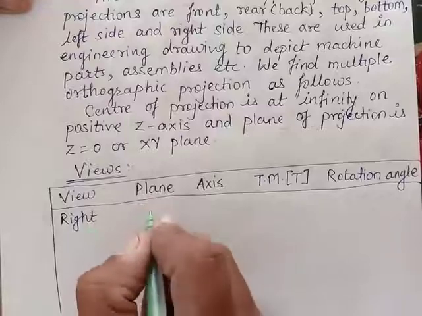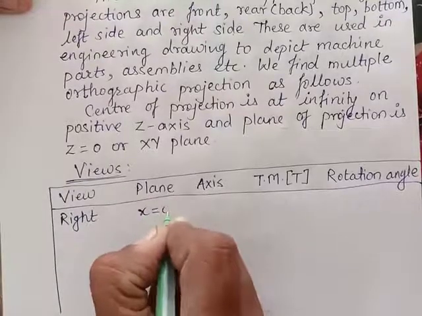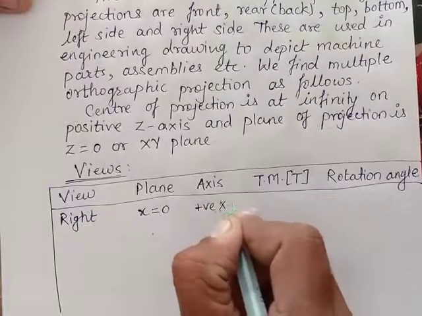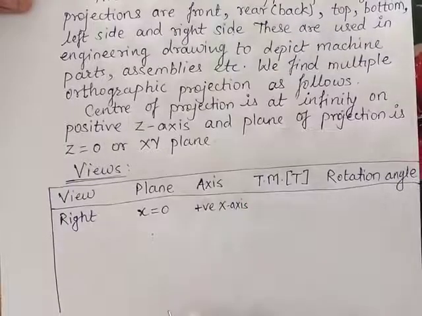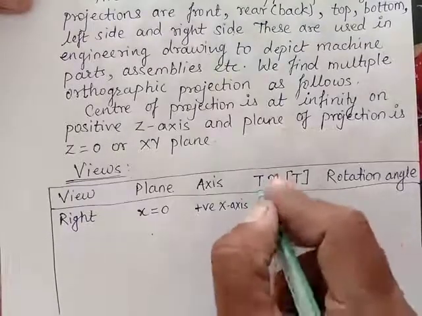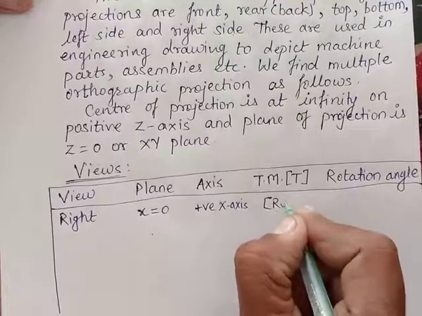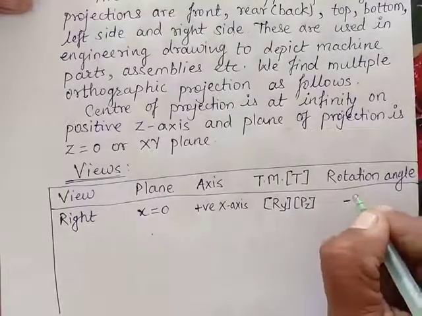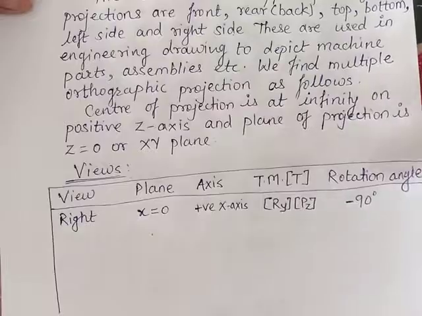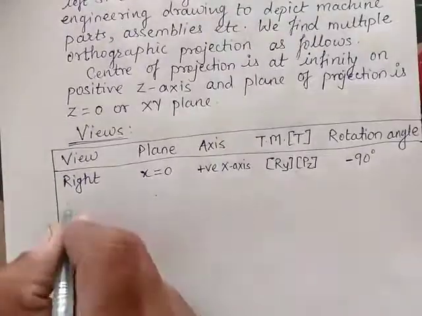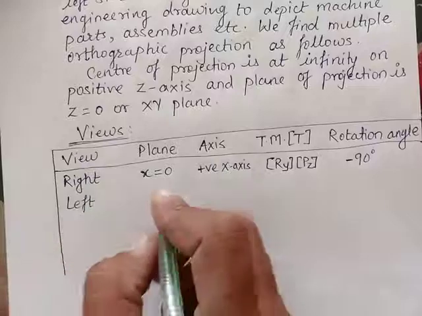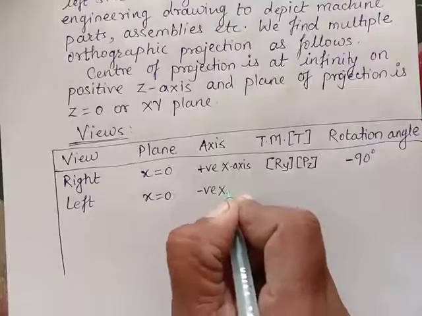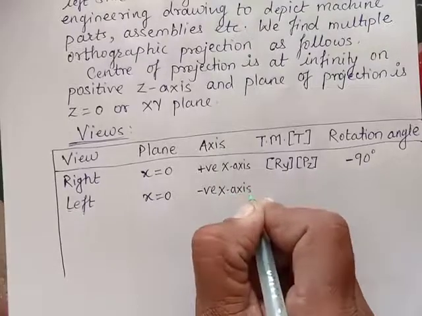Now let me write one by one. Right view: the plane of projection is x equal to 0, the positive x-axis is the axis of projection, and the transformation matrix is rotation through the y-axis into Pz, with an angle of minus 90 degrees. Next, left view: on the x equal to 0 plane, the negative x-axis is the axis of projection.